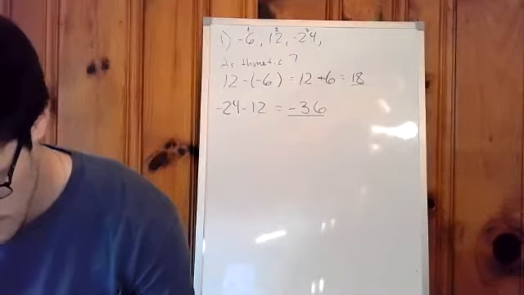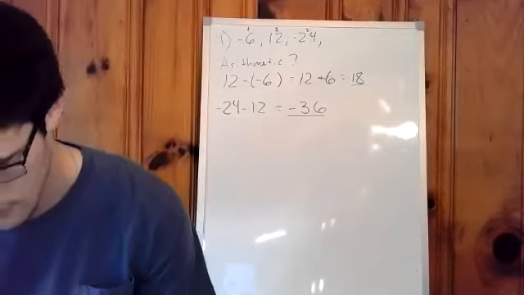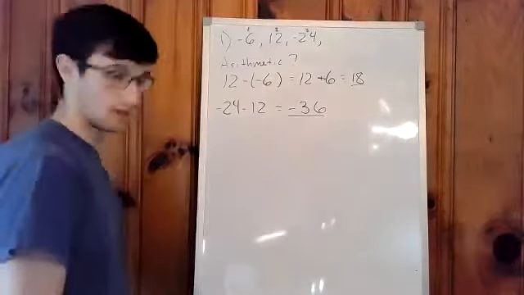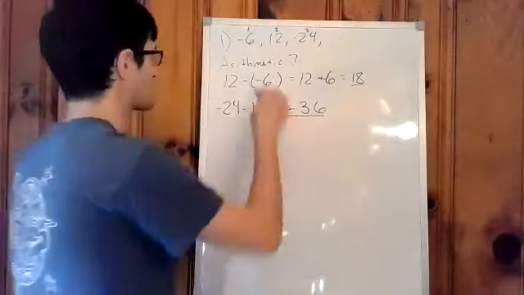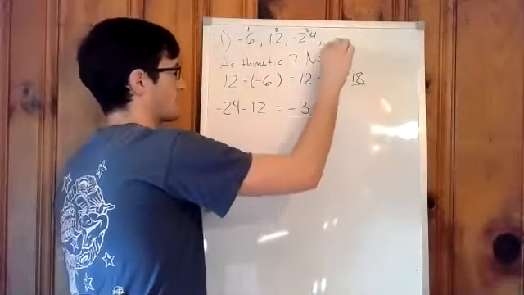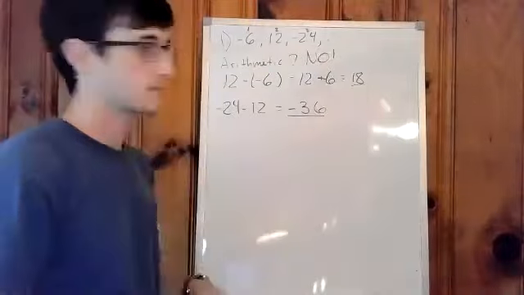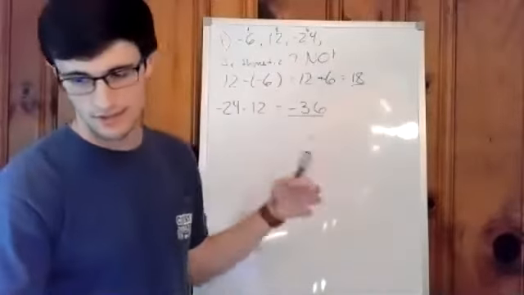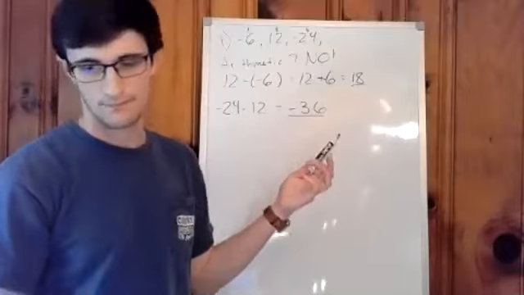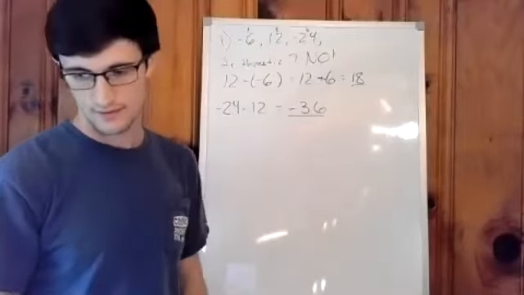Sorry, my computer on the other screen where I had the problem pulled up logged out. So those are not the same. So is it arithmetic? It is not arithmetic. And it's not arithmetic because these two differences are not common. They're not the same. That's what we're looking for.